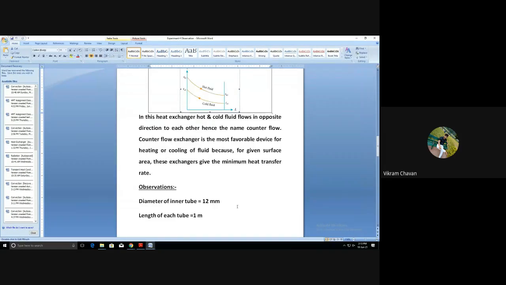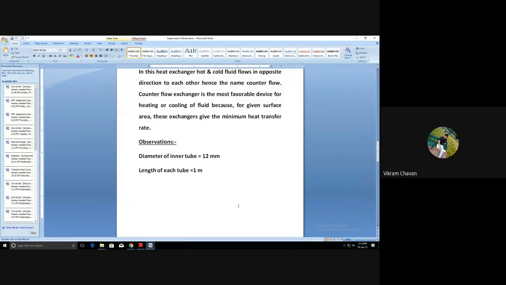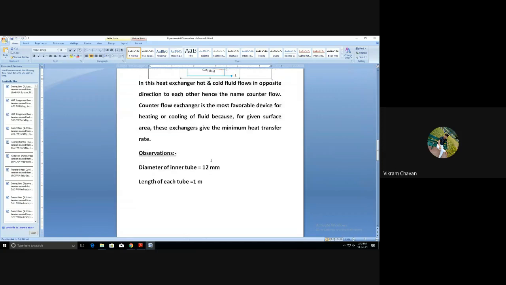So about our experimentation, we require some observations. We have to consider one concentric tube heat exchanger. The diagram of that actual heat exchanger is not with me, but we will see that actual experimentation directly after some time. But initially the observations we require are the diameter of the inner tube and the length of each tube.